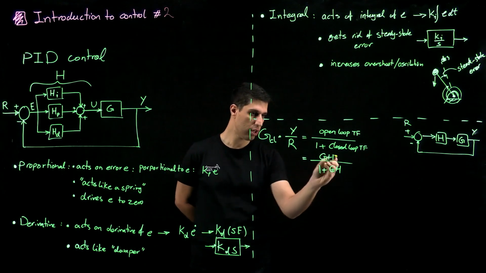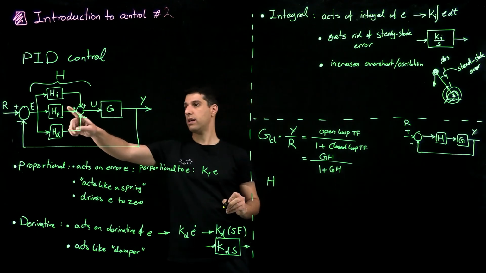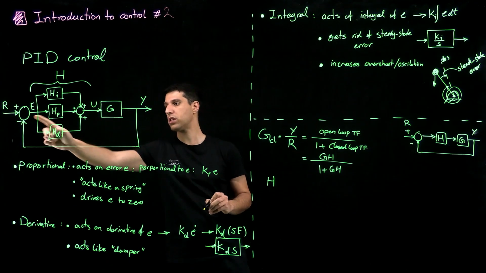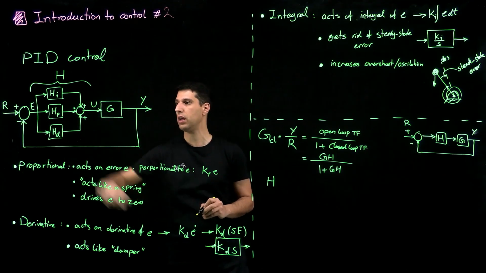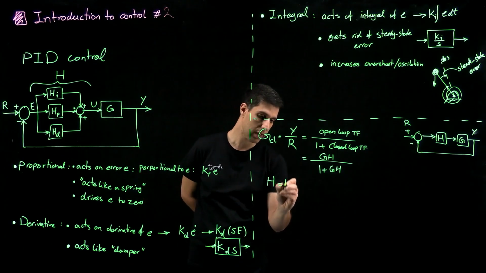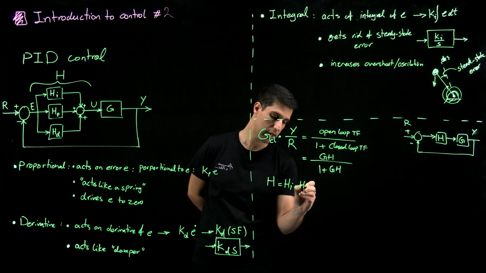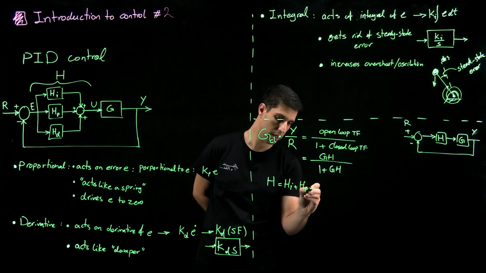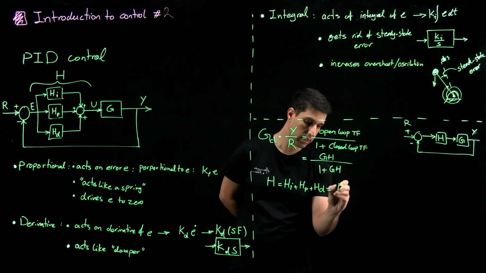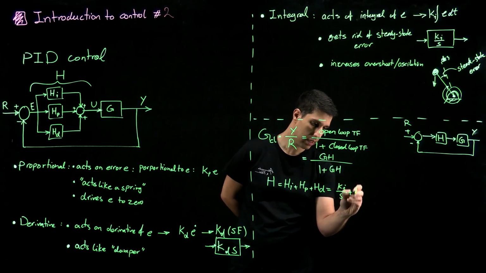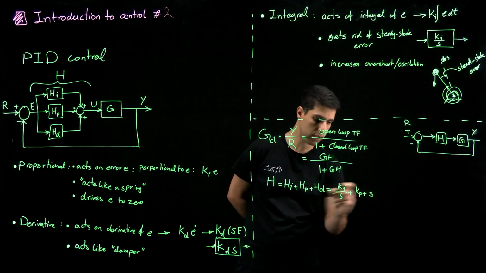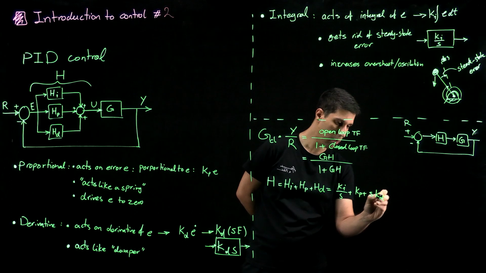And my H is HI times E, so the output is HI times E plus HP times E plus HD times E, or HI plus HP plus HD times E, or the whole transfer function is HI plus HP plus HD, which is integral is Ki over S, HP is just Kp, plus derivative is S Kd.